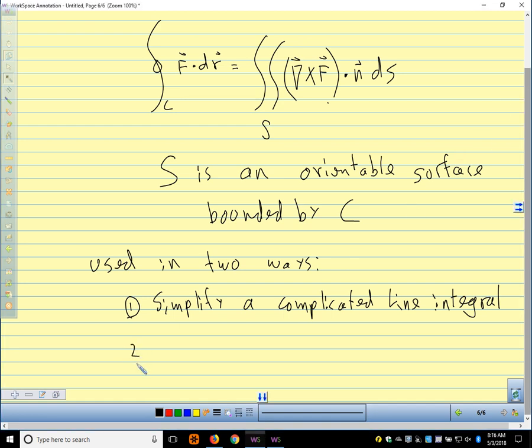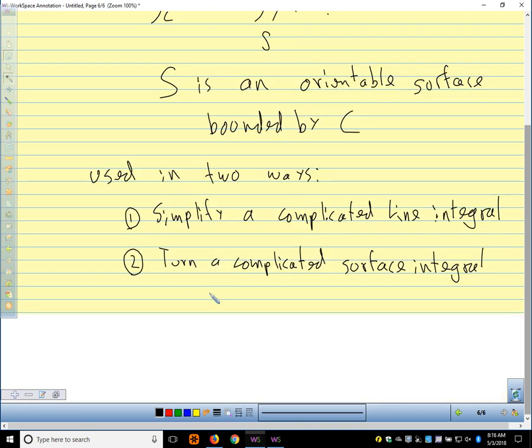The less common way that you'll see it used is turning a complicated surface integral into a line integral. The reason this is used less is it has to be the surface integral of the curl.